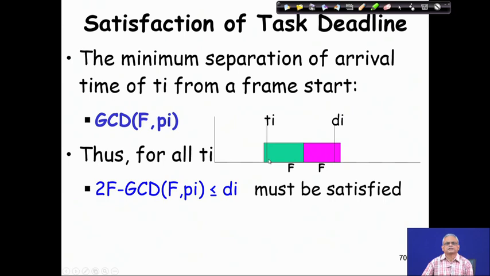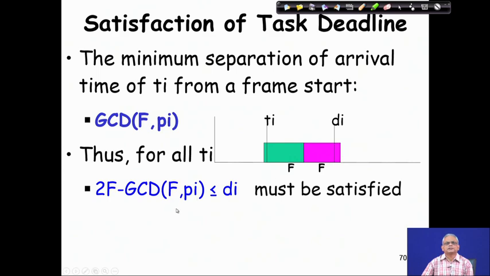This is the worst case, and in this case, for the task to meet its deadline, we must have its deadline before the end of the second frame, because we may at most start its execution here. So, this much time has elapsed and this is given by f minus GCD(f, pi), and we have just one more frame remaining.